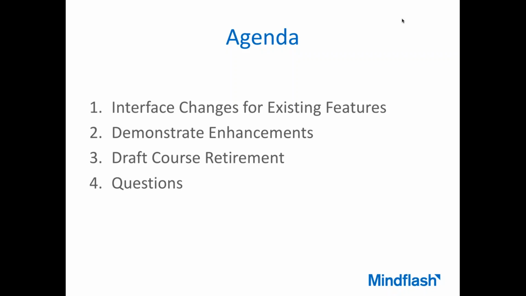The other thing I wanted to point out is that we have a pretty extensive help site that received a complete refresh yesterday. In terms of content, it's help.mindflash.com. One of the highlighted articles there is a run-through of basically what I'm going to go through today, which is all the things that changed yesterday at a high level.